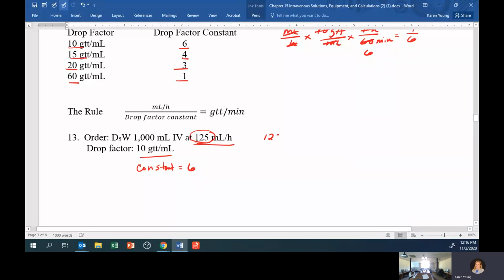So I'm going to take 125 and divide it by 6, and I get 20.83, which would give me 21 or 22 drops per minute, depending on how we round it.